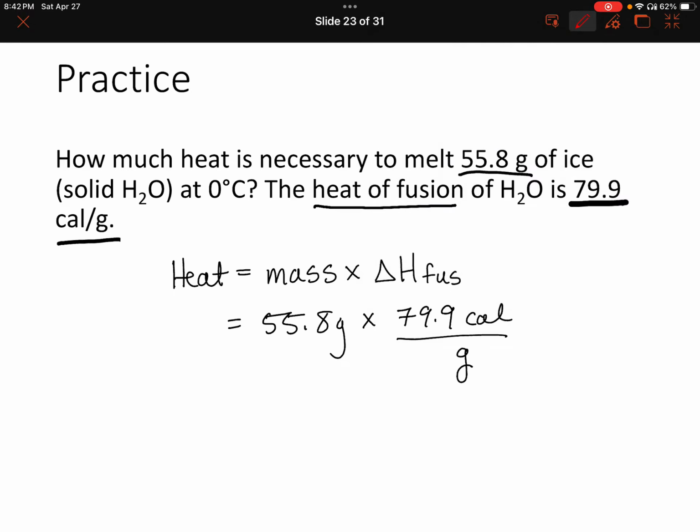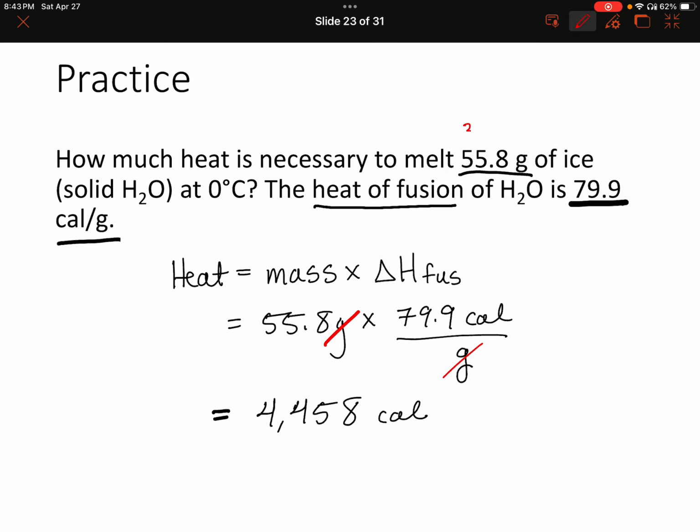And just like before, grams will cancel. And we're going to get, let's see, my calculator gives me 4,458 calories. But how many sig figs should we have?